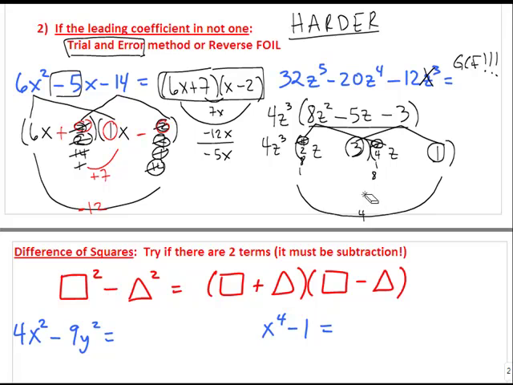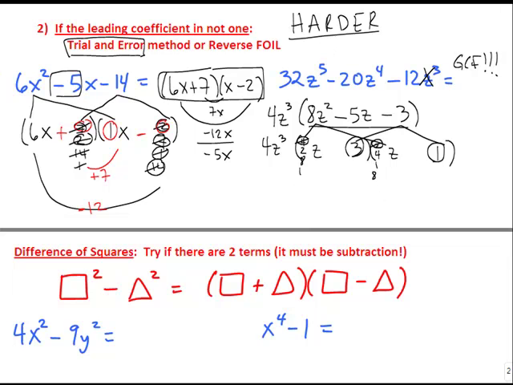So we erase and we try again. Go to the next choice on the list. So now we're going to go to 2 times 1, which is 2, and 3 times 4, which is 12. Can I get a 5 out of that? No. So that choice doesn't work either. So we move down our list.